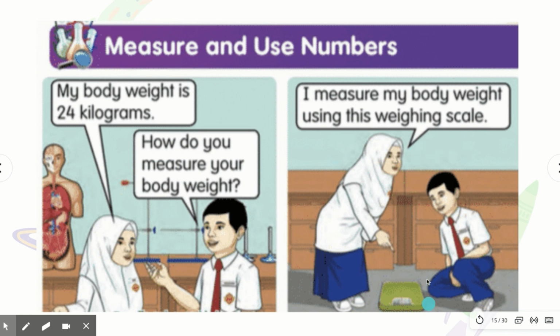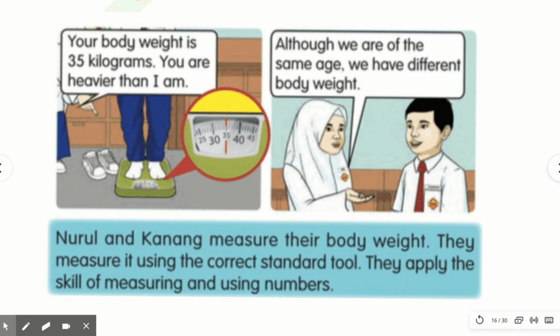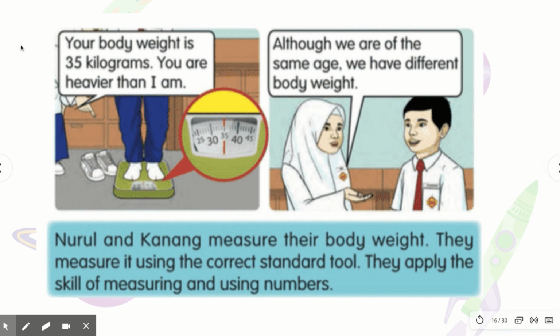Do you still remember this weighing scale? It is used to measure the weight or the mass of the object, isn't it? Your body weight is 35 kilograms. You are heavier than I am.